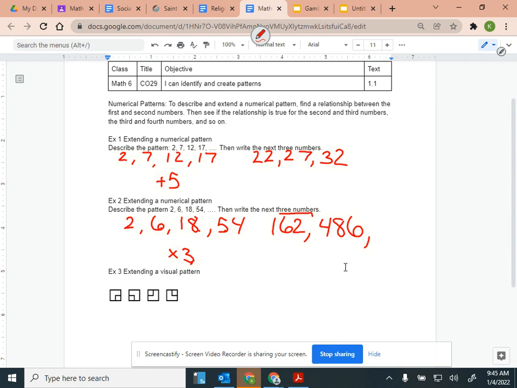Mia? 1,458. She's actually right. 1,458. This pattern is growing quite big. We only had to do 3. So we did our 3 numbers. So if you can find what the rule is, describing that pattern, you can continue your pattern. The first thing is finding the rule.